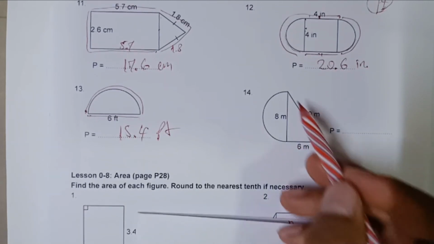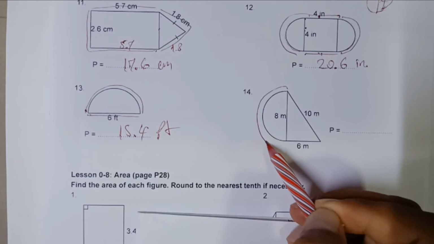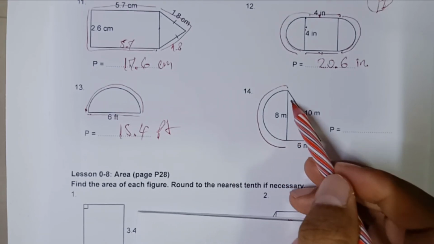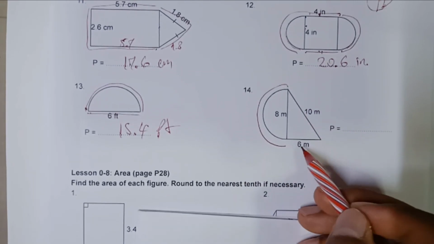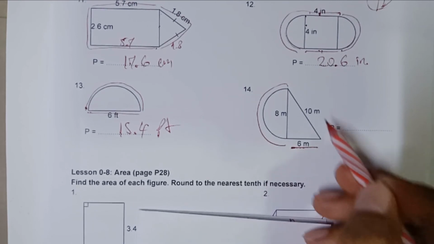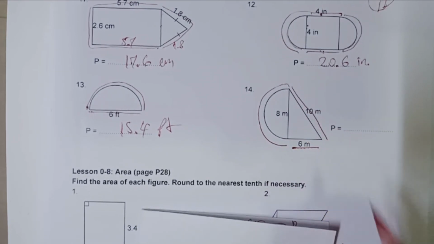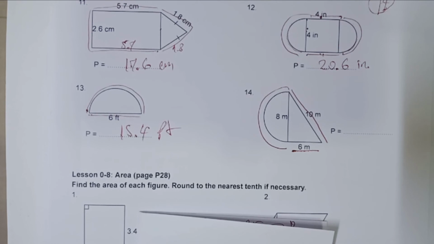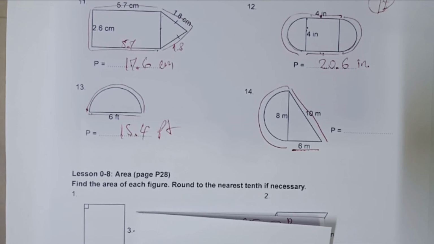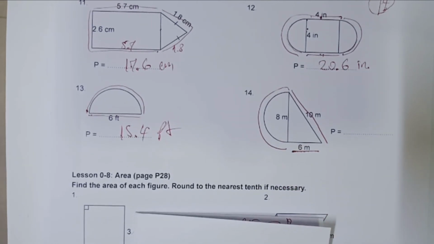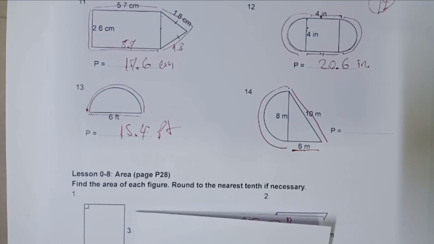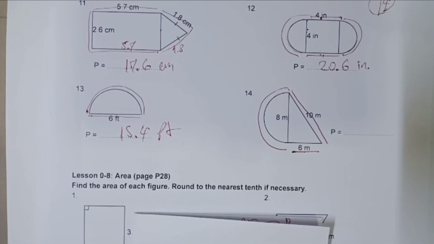This is the same idea. You need to find the length of the semicircle first with diameter 8. When you get that, you plus 6 and you plus 10. That will give you a complete answer for the perimeter of the figure. Let's get this one first. You have 8 times pi, that gives you 8 pi.